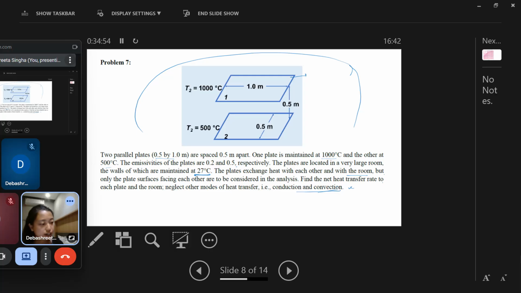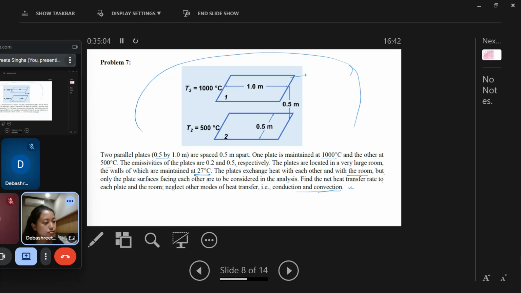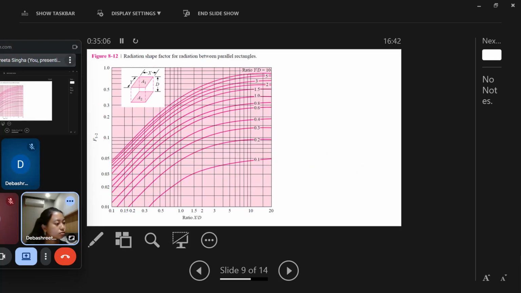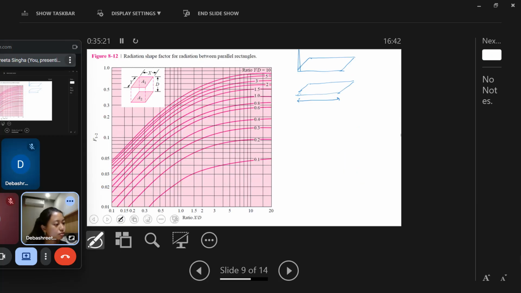Now for such a case, we will again follow the previous graph. Here this is 0.5, and this is also 0.5.